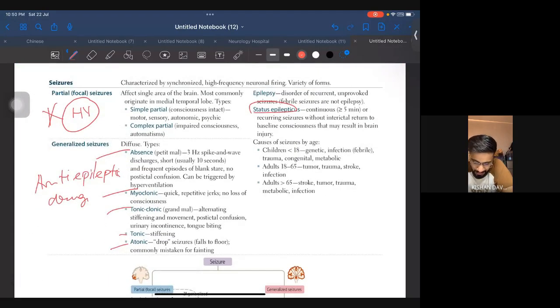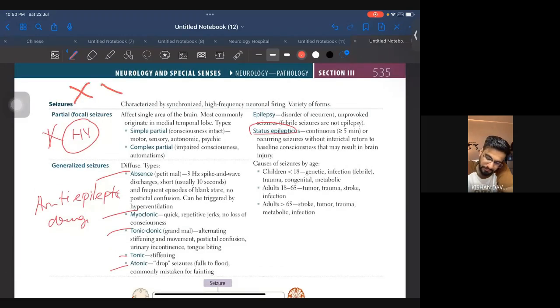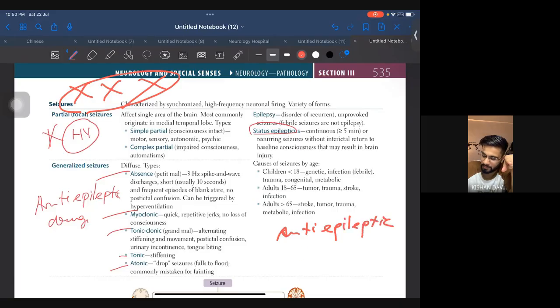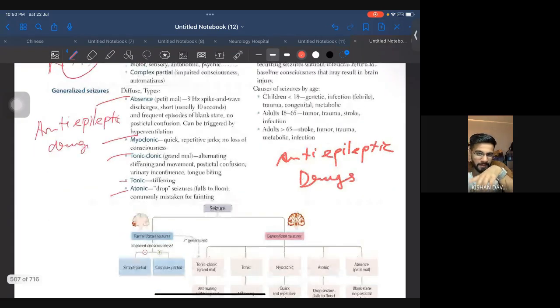Seizures. Now, seizures, if you go in general, are not high yield from a step one point of view. What is high yield is anti-epileptic drugs.